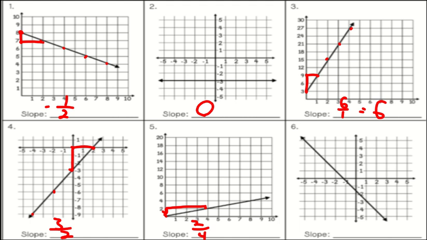When we simplify, 2 goes into both of those. That makes 1/2. Okay? Forget who said 4 over 2, but you just had it flipped. It's rise over run. All right, number 6.